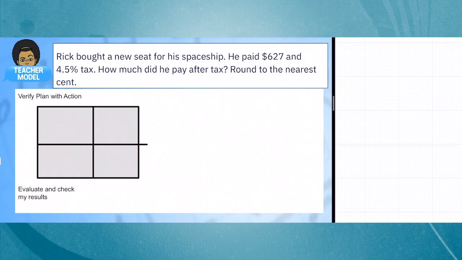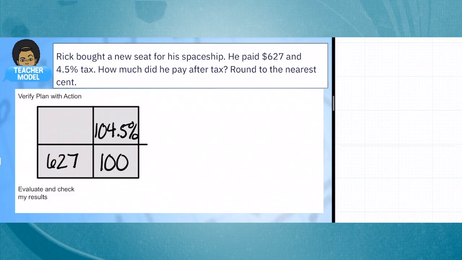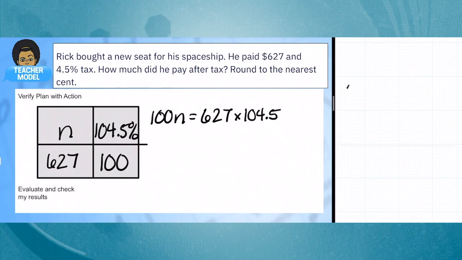All right, we're going to set it up in our nice, quick, easy way where we want an increase of 4.5%. And our original price is $627. So it's going to be a little bit more than $627. All right, let's put in our numbers here. We have 100N is equal to 627 times 104 and 5/10.